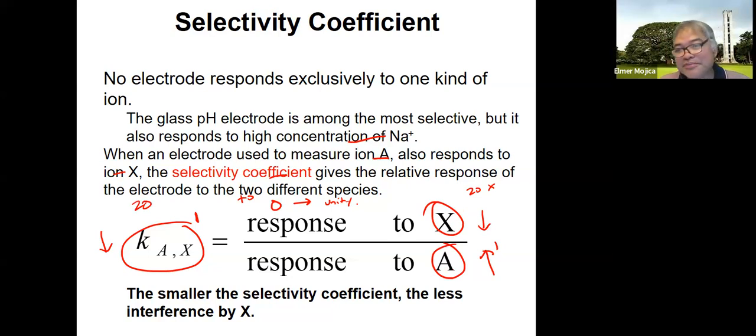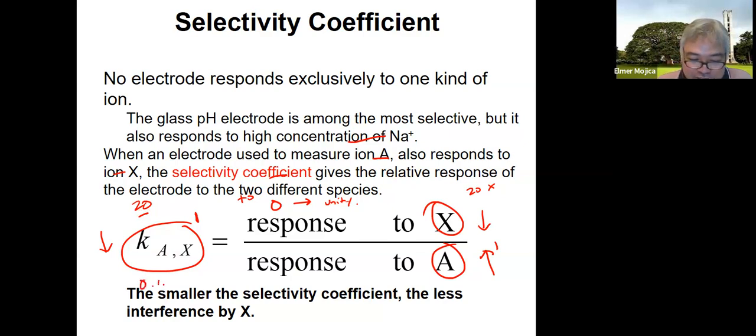So is that good? It is good to be used for X, but not A. That's the interpretation of it. That means it is more selective for X compared to A. The value here is 20.